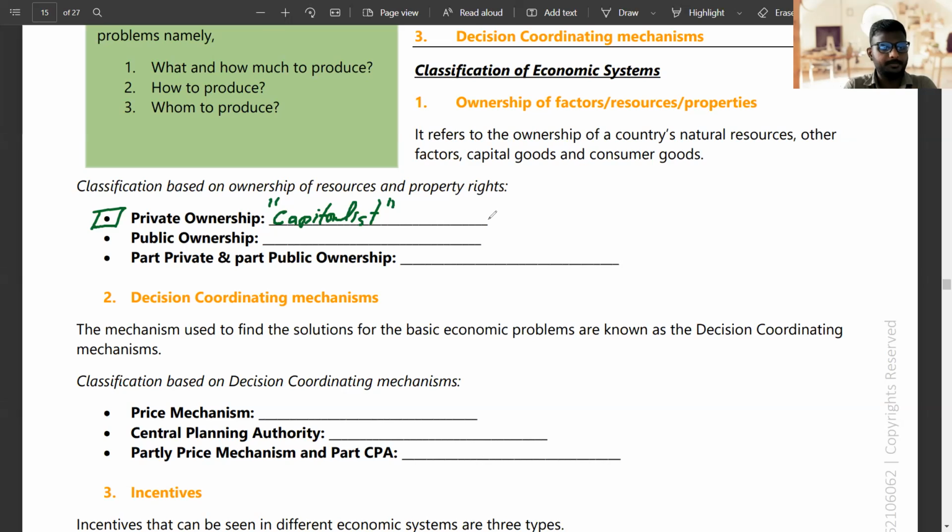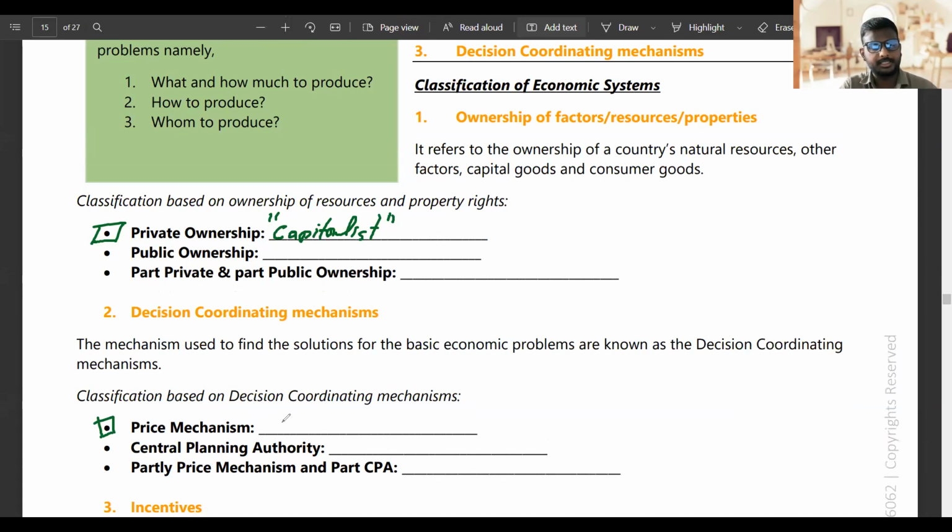Whereas when we say market, how do we arrive at the definition for market economic system? It comes from the next one, the decision coordinating mechanism. In an economic system, if the decision coordinating mechanism is price mechanism, that economic system is called market economic system.